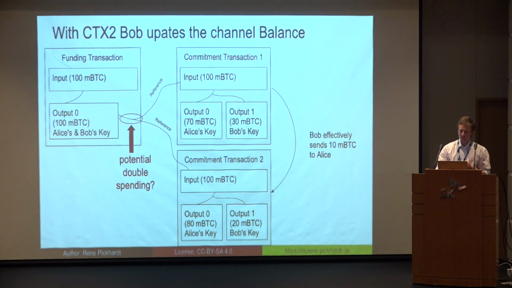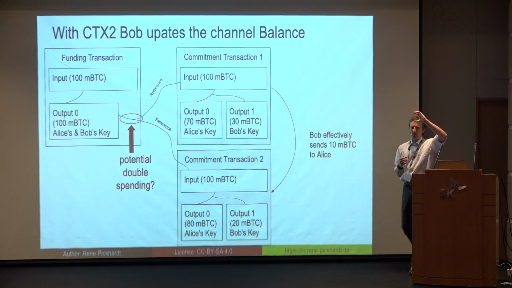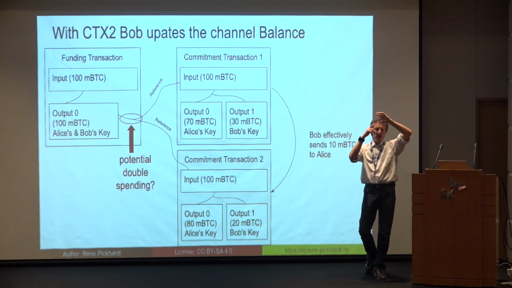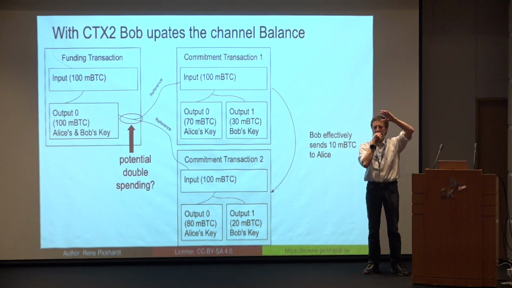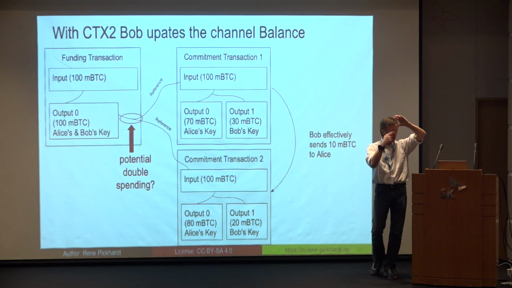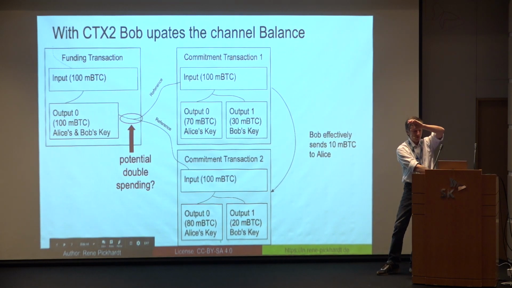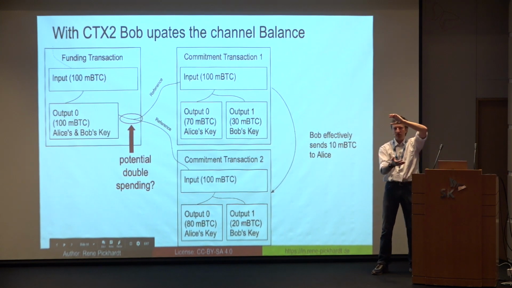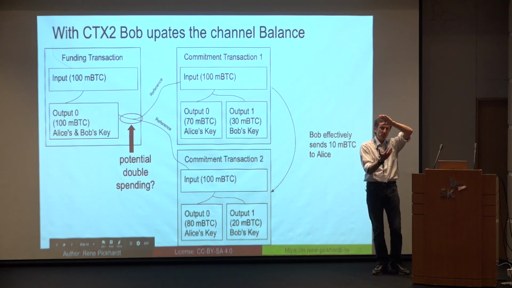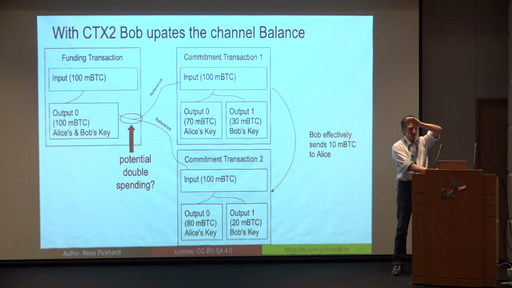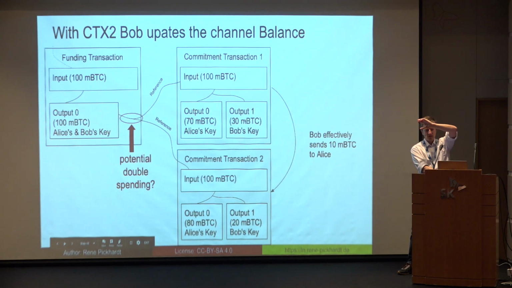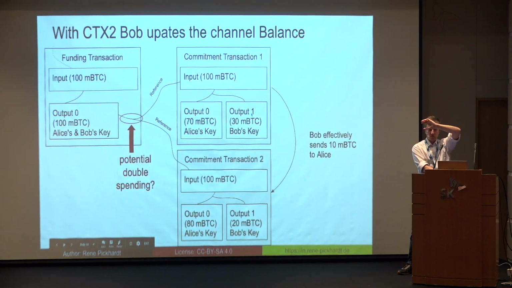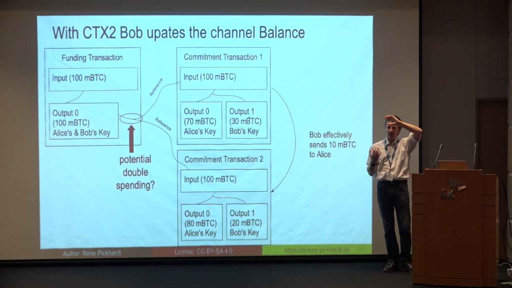where we have this situation here. We have a commitment transaction. So Bob owes Alice 30 micro bitcoins. And now Bob says, I will pay you 30, right? So Alice says to Bob, great, let's update it. Let's have a new commitment transaction in which the channel owes me 80 and you have from the channel 20. But before I agree to this, you have to invalidate this one, because if you try to double spend to cheat me on this one, I want to be able to claim those funds, right?